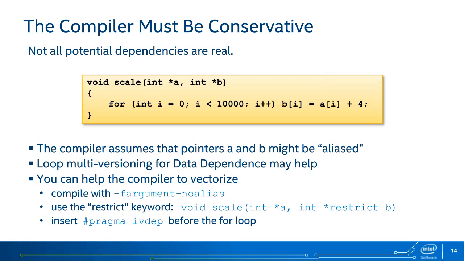By the way, the compiler can do loop multiversioning in this case, which means that it can generate a vectorized version of this loop and a non-vectorized version and check if the data dependency is real during the runtime. If it's not, then it is safe to execute the code which is vectorized.